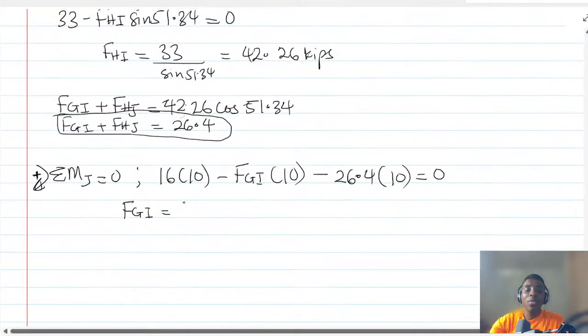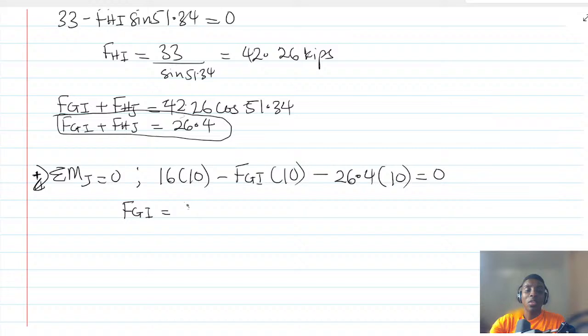So FJI will be 16 times 10 minus 26.4 times 10. So this one will be minus 104.